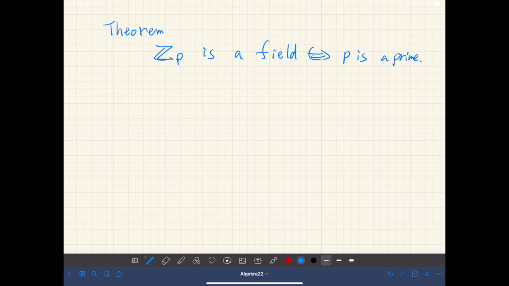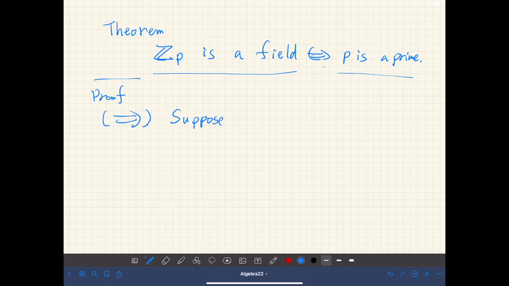So this is if and only if, so we have to prove both directions. Proof. First we prove the only if part, and we prove this by contradiction. So that means if we negate this, then we prove Z_P is not a field.